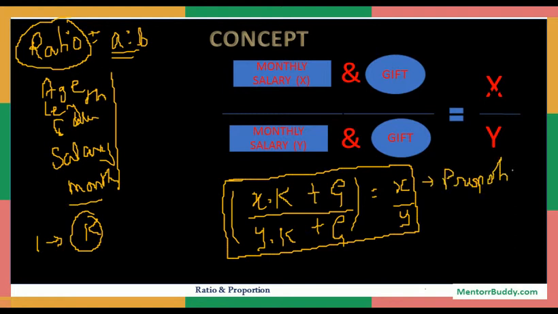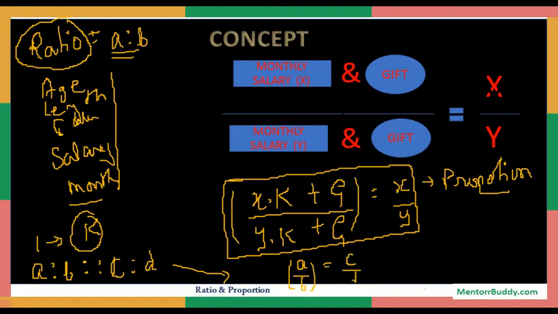So we can say, if I'm writing the expression as A ratio B proportional to C ratio D, this symbolizes that A upon B is equal to C upon D.